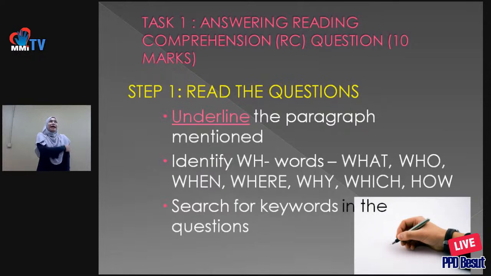By now, you are expected to already know the meaning of these WH words. Maybe some of you still do not know the meaning of when or where, or you are still confused, but it's not too late. You still have a month plus to memorize the meaning of these WH words.